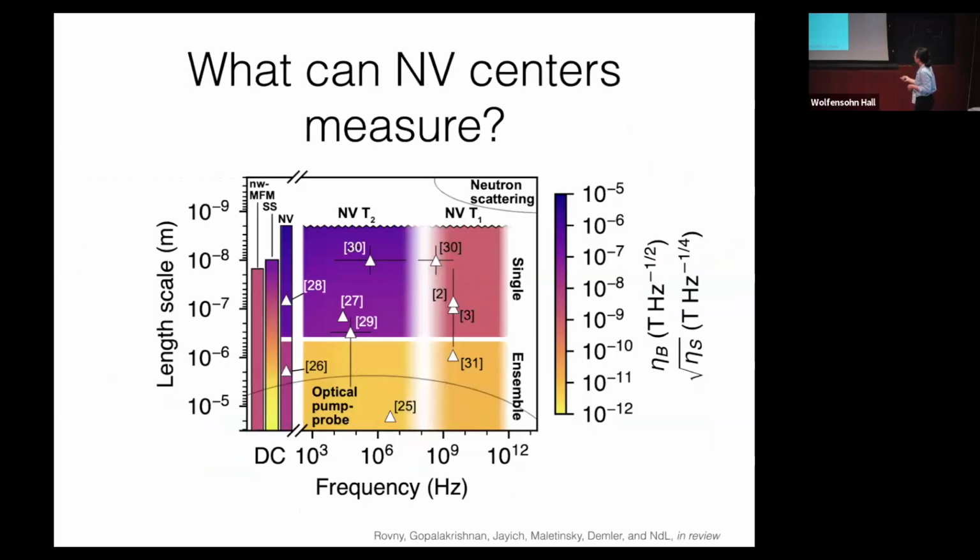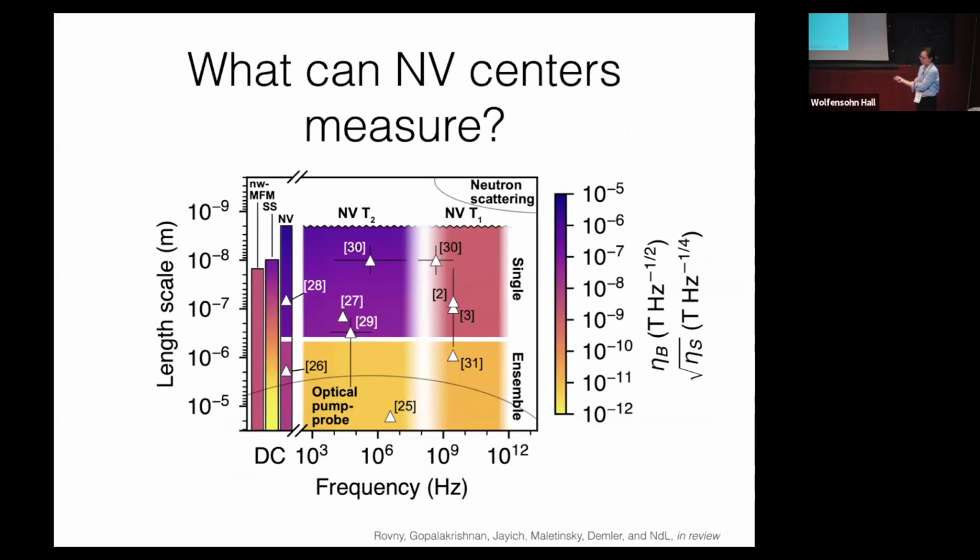Okay, so this sort of goes to what we were discussing earlier, which is, then you can ask, all right, these NV centers seem really nice, but you have to actually put numbers to what you can see and what are the nice frequency ranges and sensitivities. Okay, so this is our attempt to try to put this in context of other probes.